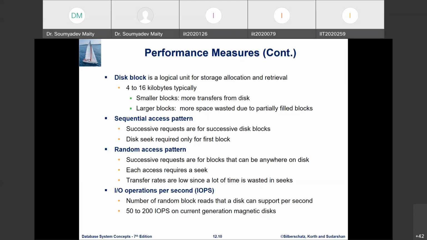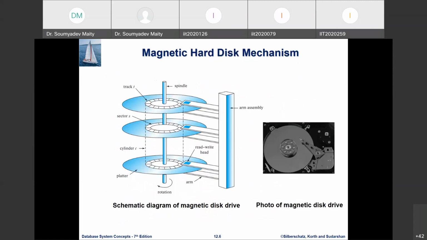But it is in multiples of sectors. And second, if contiguous sectors are not available on the same track, then sectors are allocated from the same cylinder at least, so that you can read all the sectors corresponding to a specific block without moving the arm.